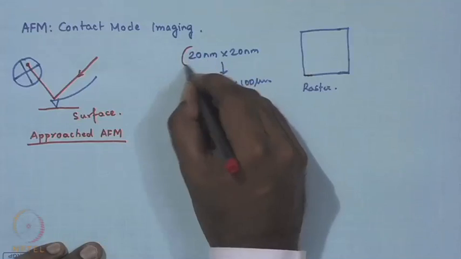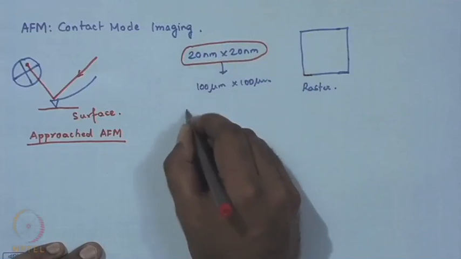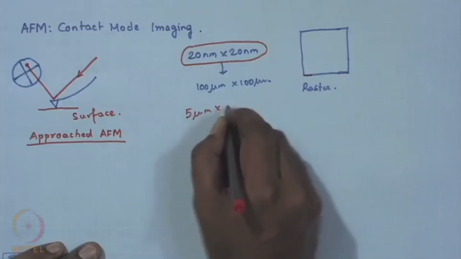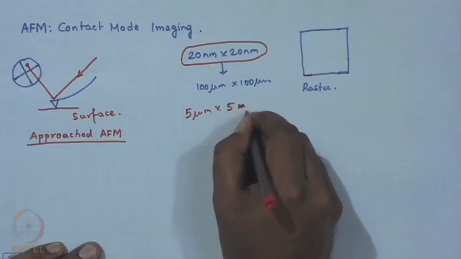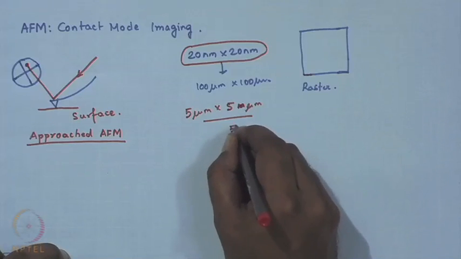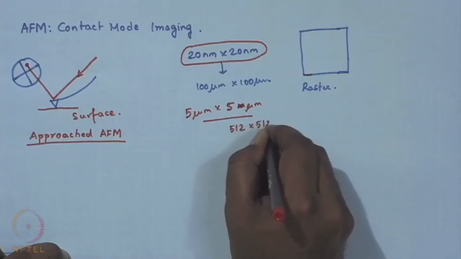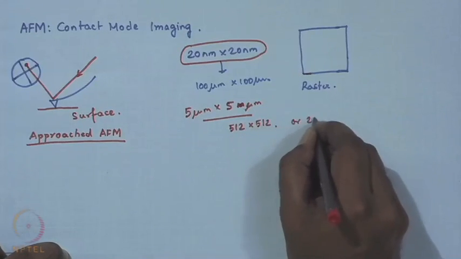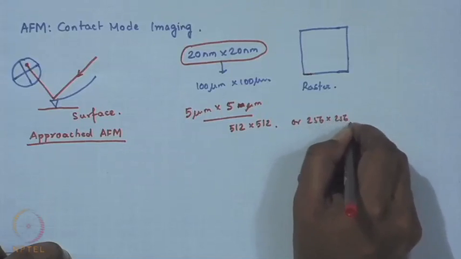So, now think of a situation where you are not doing an ultra small zone scan, but let us say a 5 micron by 5 micron scan area, which is very common, and you have divided it into 512 by 512 points, or even let us say 256 by 256 points.